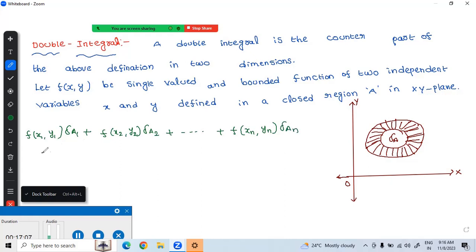So this is written as summation r is equal to 1 to n f of xr comma yr delta ar, equation 2.